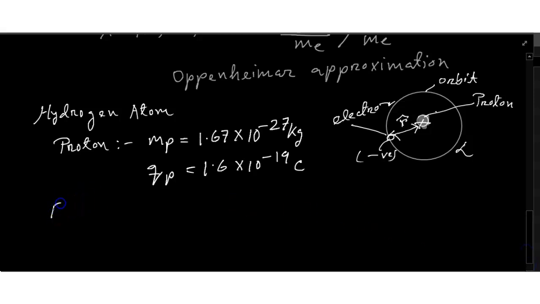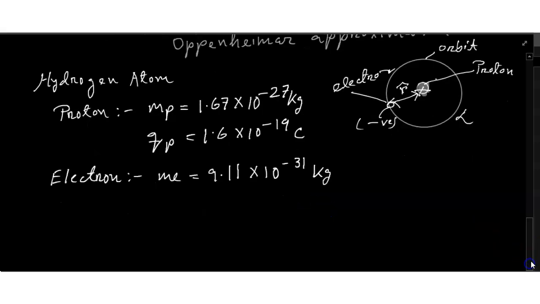and the electron: me is 9.11 into 10 to the power minus 31 kg, and qe is equal to minus e, which is equal to minus 1.6 into 10 to the power minus 19 coulomb.